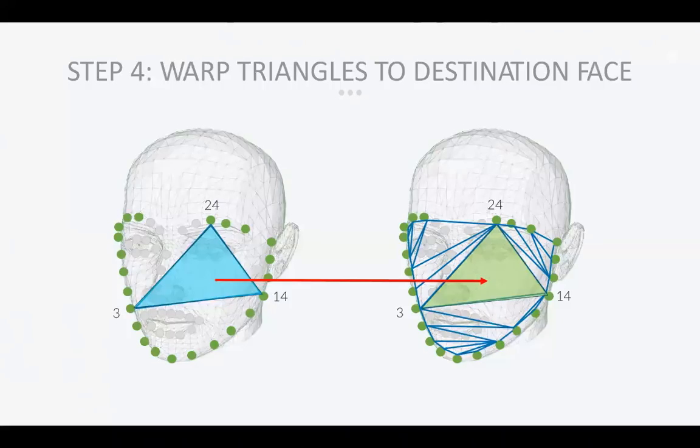And we have all the information to perform this warp. So the landmark points, I know the landmark points on my face and on Bradley Cooper. So I can take this triangle, and I know that the triangle is composed of landmark points 3, 14, and 24. So I can locate these points on Bradley's face, and I can locate them on my face.